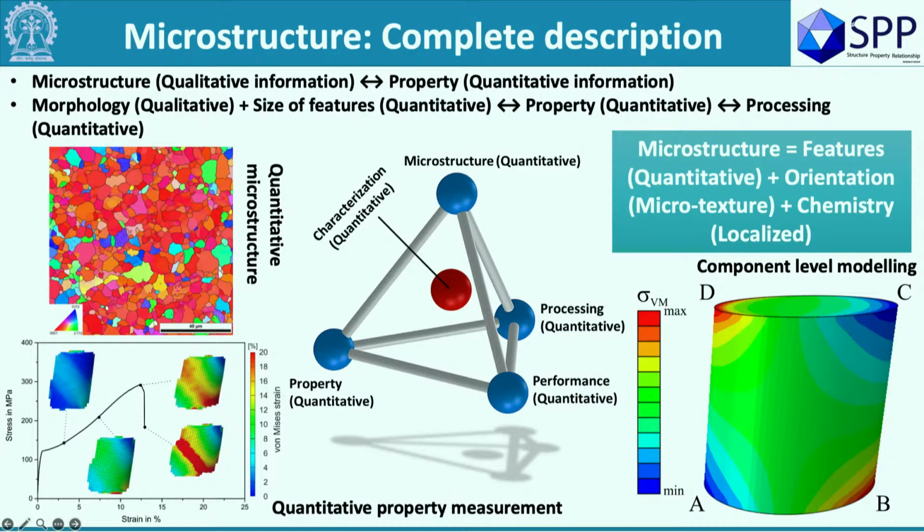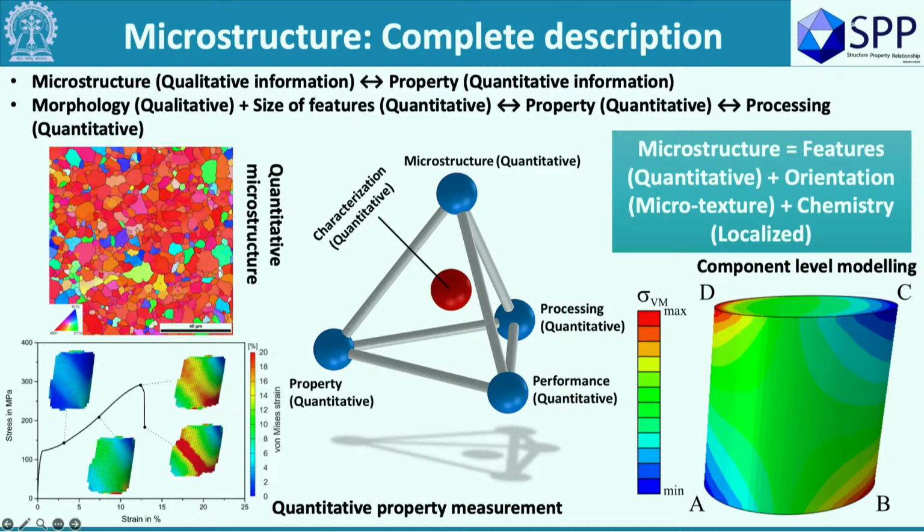I tend to believe that microstructure, the way we are trained or we think, should now be broadly expanded, and it should carry a description of features. Those features can be precipitates, grains, lamellae, whatever, with a quantitative touch to it: size, aspect ratio.